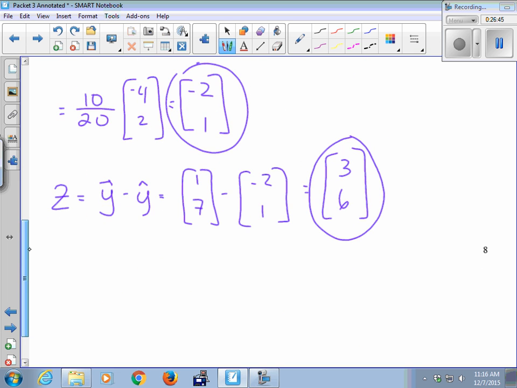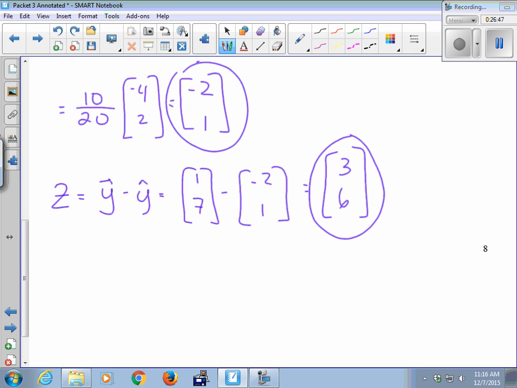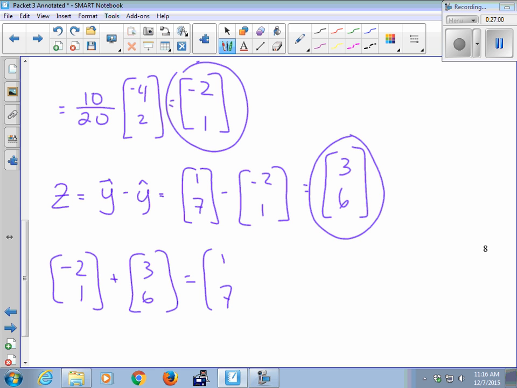So let's check. My whole goal was that I was trying to write y as the sum of y hat and z. So does the sum of these two add up to 1, 7? 1, 7, yes. Check. So I've written y as a sum of these two vectors.